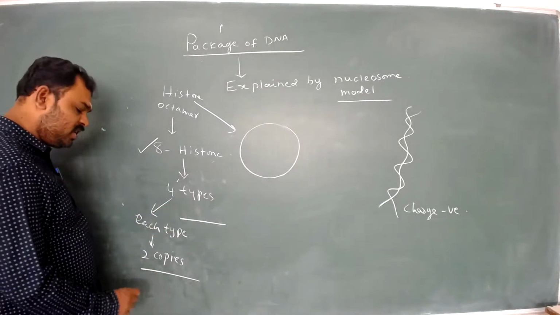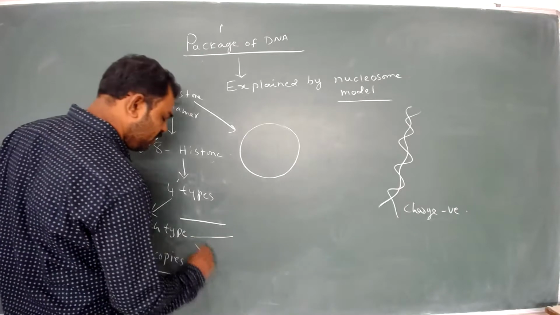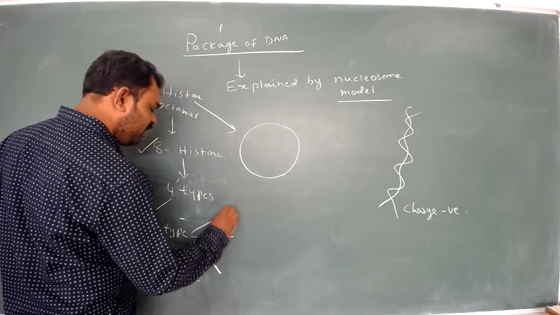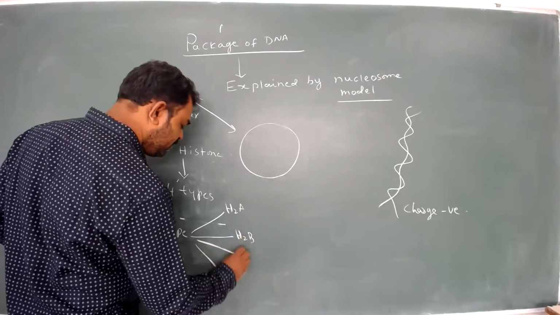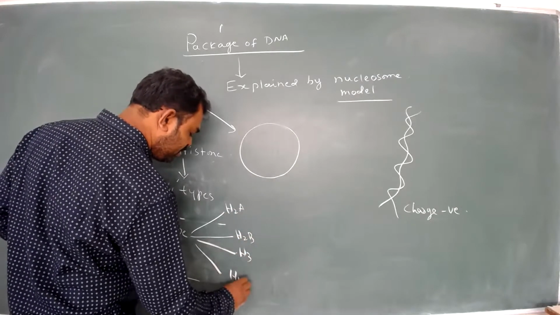What are those types? The types are H2A, H2B, H3, and H4 histones.